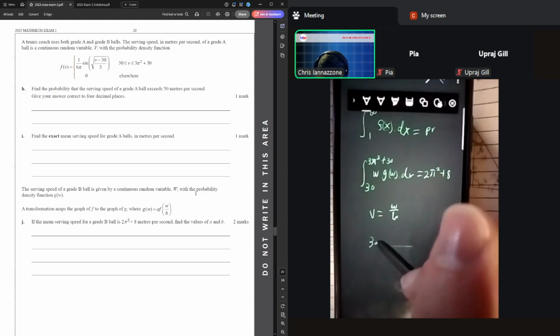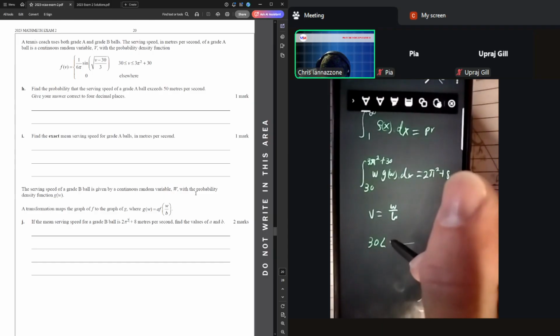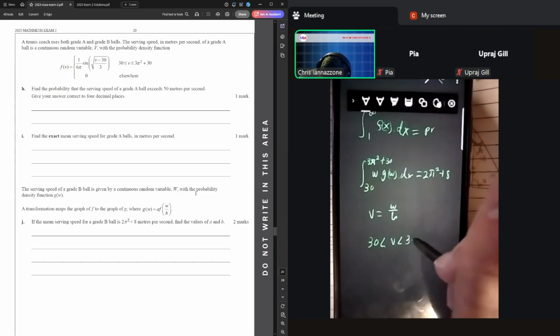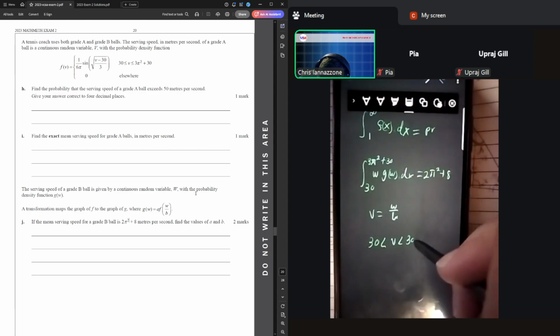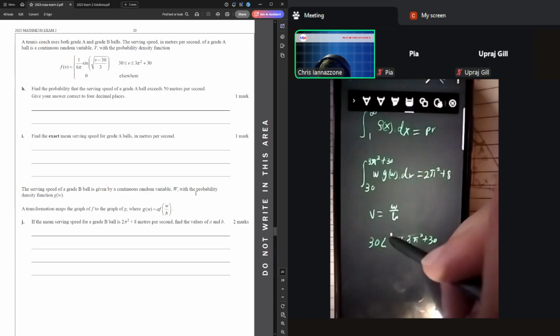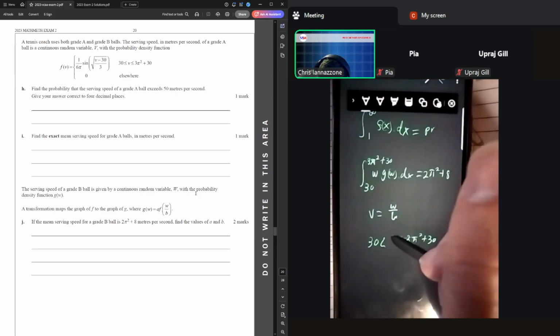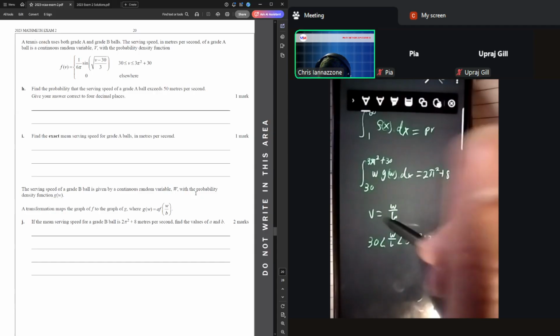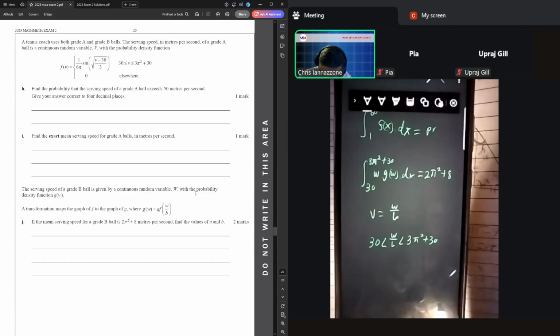If what you used to have was 30 less than v less than 3 pi squared plus 30, then now instead of putting a v there, you have w over b in that spot, because v is the same as w over b.